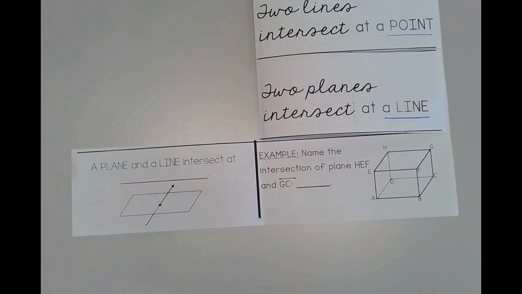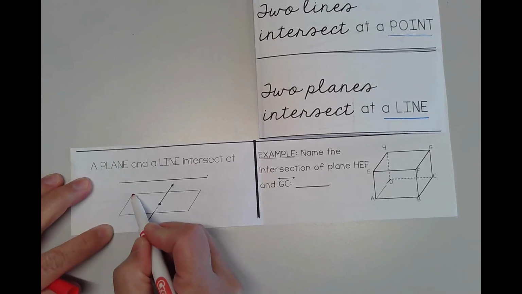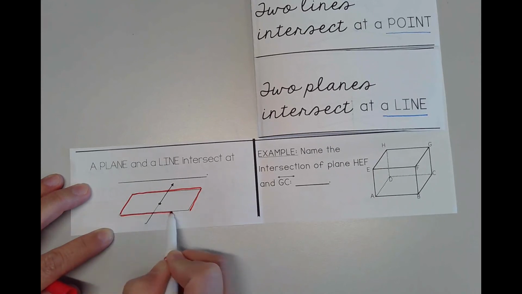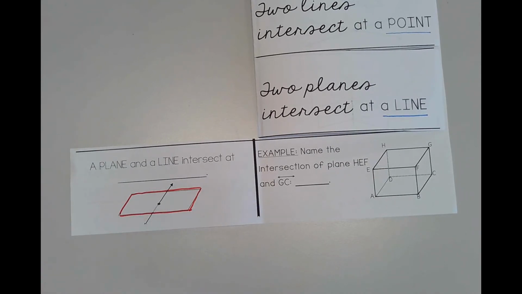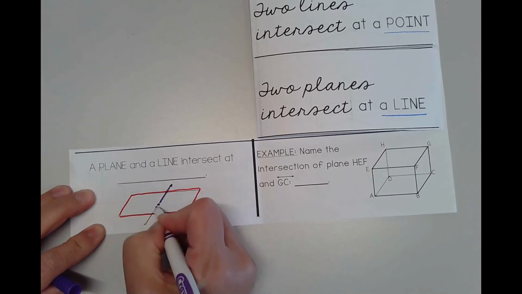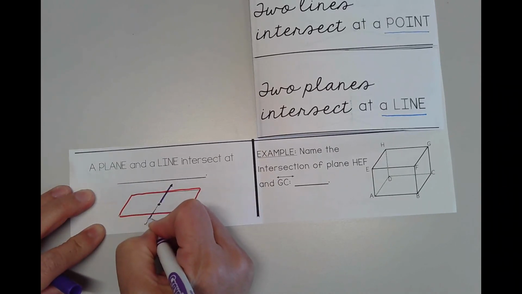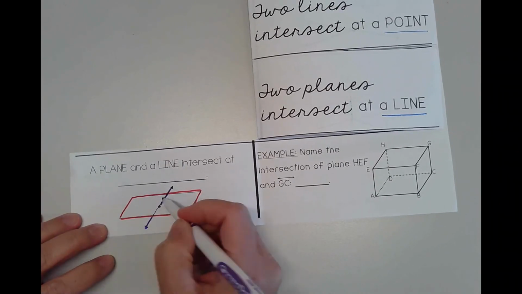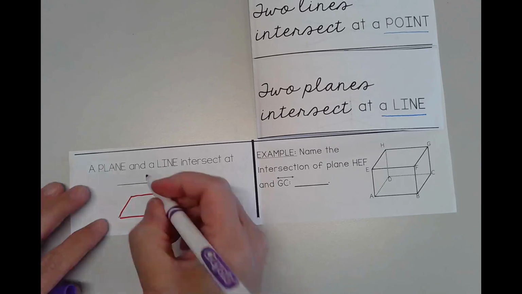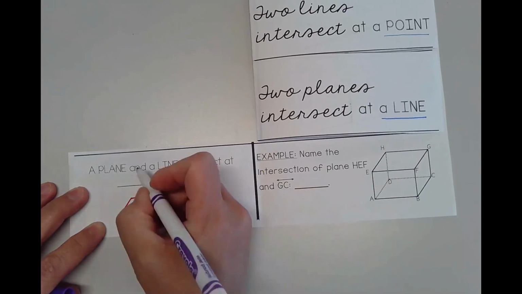So I have a plane, so here's my plane, and I'm intersecting that with a line. So here's my line, and remember, because it's dotted, that's what I wouldn't really see, so it's kind of like it's stabbing it, and that dotted part is maybe underneath it because I can't see it. But a plane and a line intersect at a point right there.